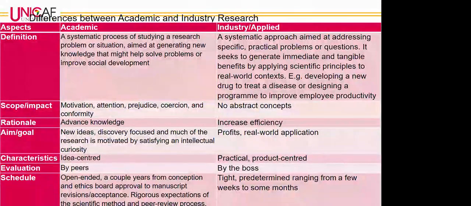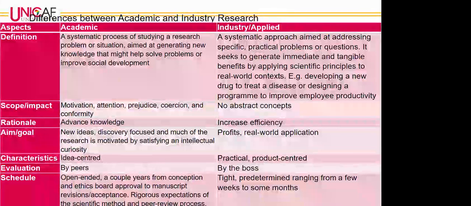Now, in terms of the industry, applied or operational research, again, is a systematic approach aimed at addressing specific but practical problems or questions, seeking immediate tangible benefits, but then you apply scientific principles to real-world situations. For example, you might be developing a new drug to treat a disease, but overall just improving productivity of employees.